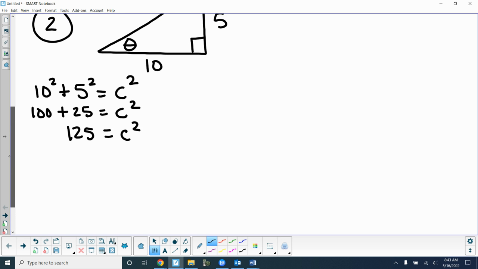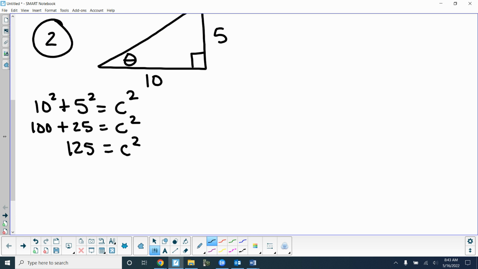And put it in radical form. Don't give me that decimal answer. Okay? So this is easy, 25 times 5. So what number can I pull out? 5. What's left? A 5, right? So that's our hypotenuse, 5 radical 5.